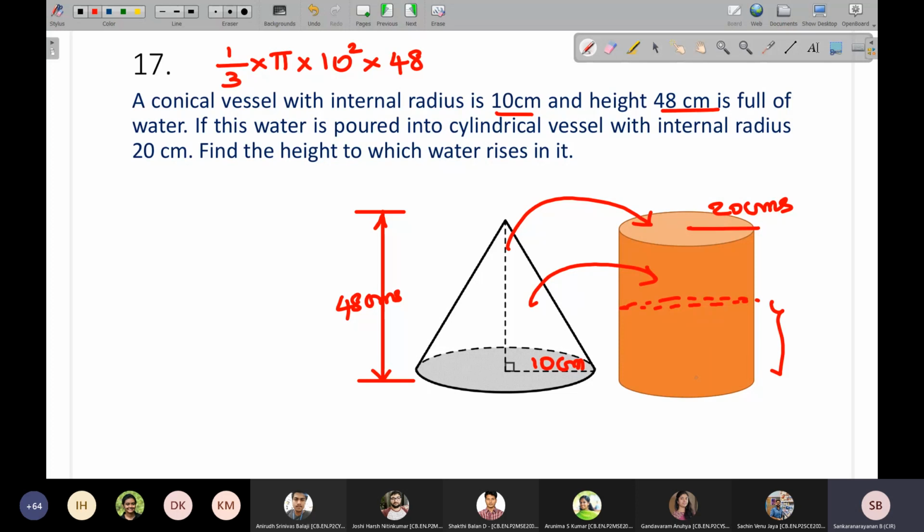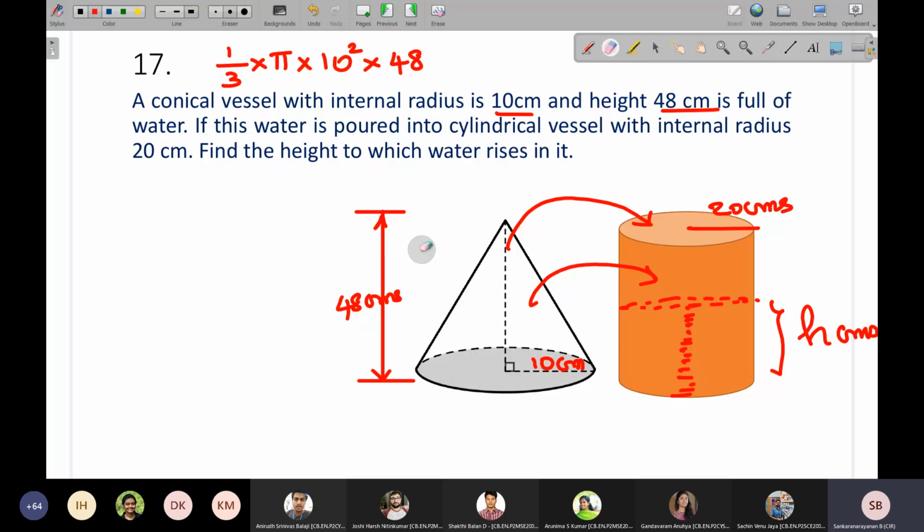So imagine the cylinder was empty. From the bottom, the water level increases and finally it reaches here. So this h centimeters is the water that is getting collected. That is the logic.